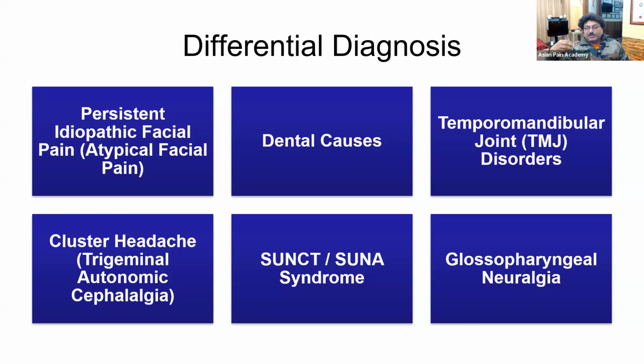Even in my MBBS time, what I knew about trigeminal neuralgia was that it's a facial pain syndrome and carbamazepine is the drug of choice, because it comes in the MCQ. So everyone knows that carbamazepine is the drug of choice. But how the disease appears, they might not know, and they might not have seen a single patient of trigeminal neuralgia. That can happen.